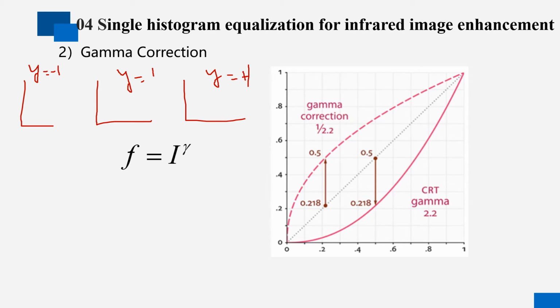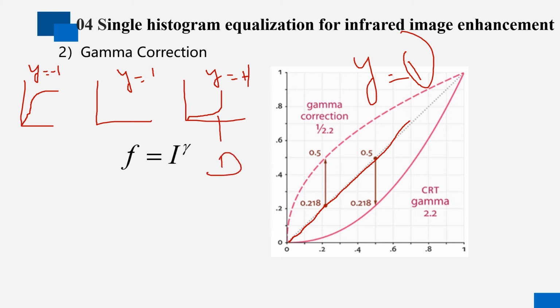Now what does this mean? It means that we are going to distribute our pixel ratios more linearly. Like in this case, gamma value is equal to 1. If it was this case or this case, we are going to get a structure like this, and in this case we are going to get a more dark image and a more bright image.